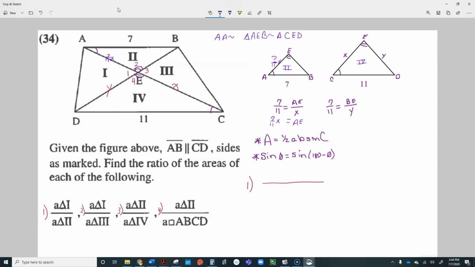7/11 times X. And then we do the same thing right here. We do 7/11. Those are corresponding parts. And BE is corresponding to ED.